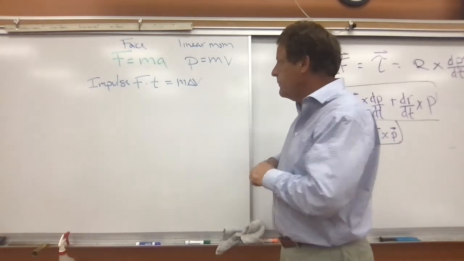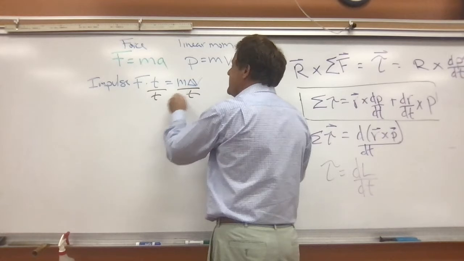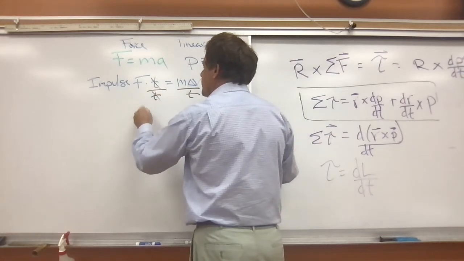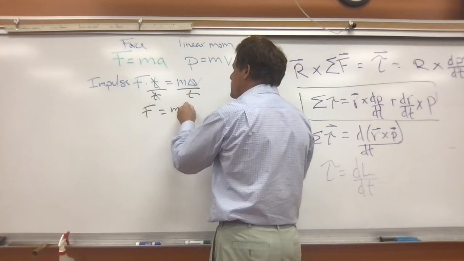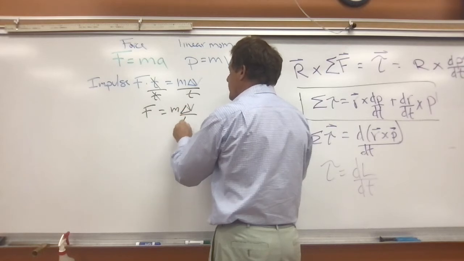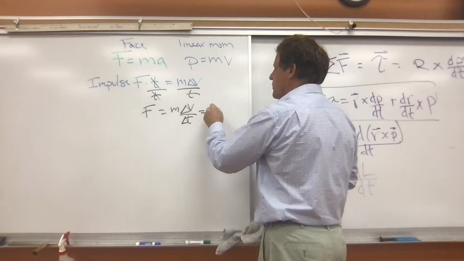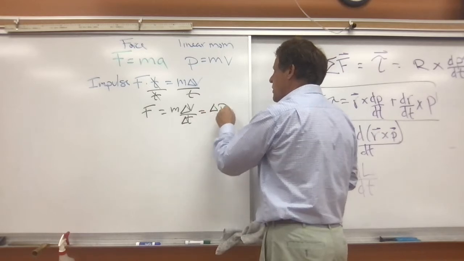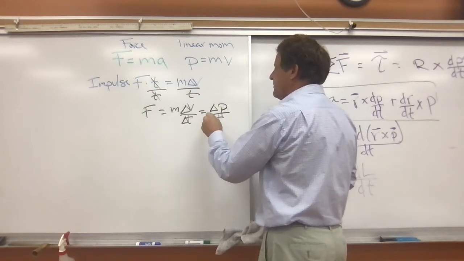Now, if we divide both sides by t, then we can say that the force is equal to mass times the change in velocity over the change in time, which is equal to the change in momentum over the change in time.